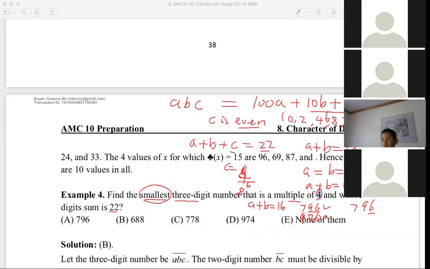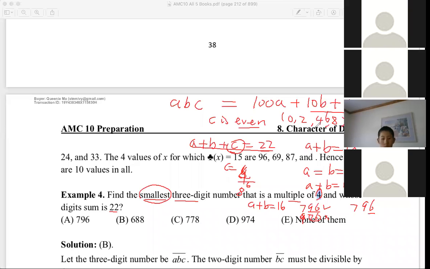But now they ask you for the smallest. So compare 688 with 796, 796 is too big. So that means the correct answer is B, right? So for this problem, first the number is a multiple of 4, then C should be an even number. Then that means C has these 5 choices, 0, 2, 4, 6, and 8. Then the sum of these 3 digits is 22.